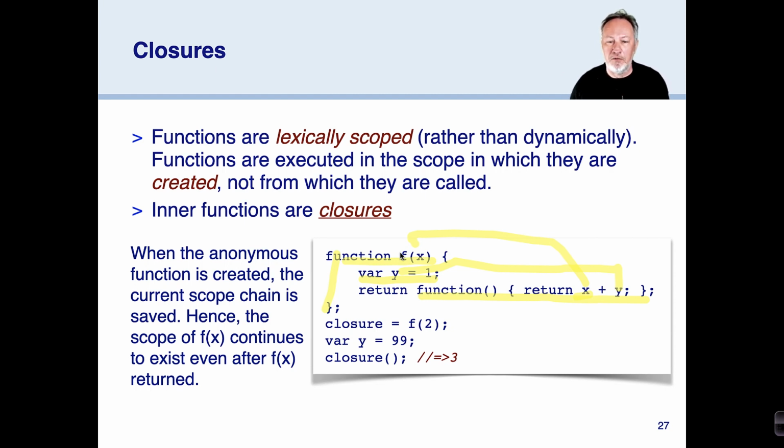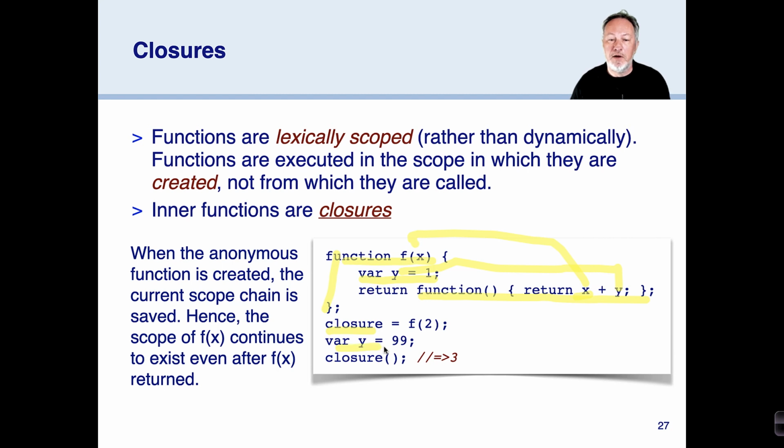Now, this is critical. So here I invoke function f with argument 2, and I get a value back. This value is a function, and that function is a closure. It's a closure because there's the function body, and the body is closed by the environment that it had when it was created.